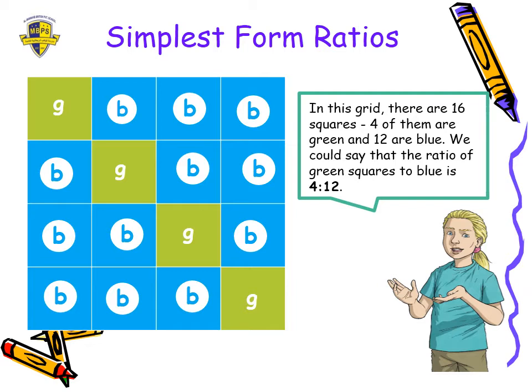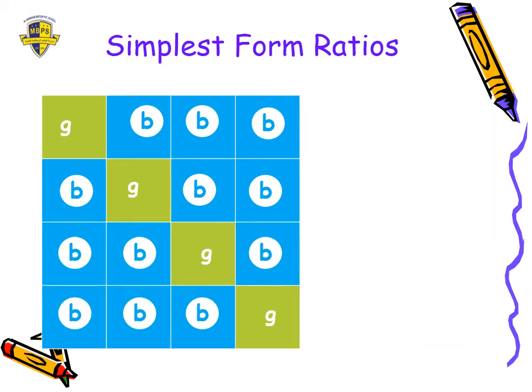The second one is blue, green, blue, blue, so there is 1 green to 3 blue. The third one, same, 1 green to 3 blue. The fourth one, same, 1 green to 3 blue. So here the ratio is 4 to 12. Can I say it's 1 to 3 or no? What do you think?